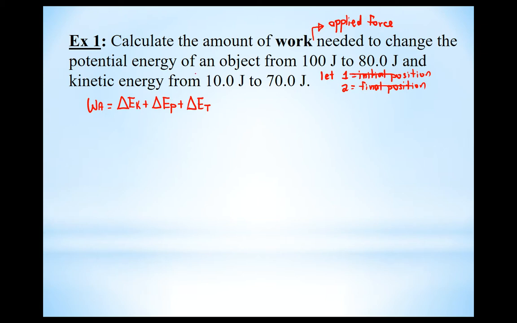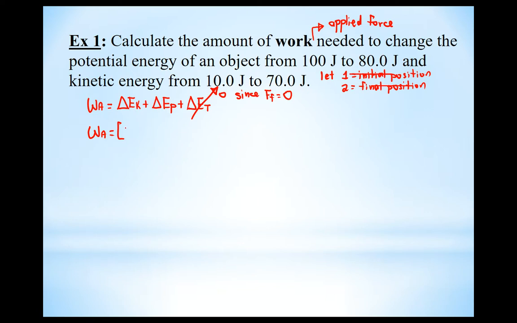Now I can get rid of one of these terms immediately because the problem doesn't tell me anything about friction. So I can say delta ET is equal to 0 since the force of friction is equal to 0. Okay, so now let's expand the rest of the equations. We'd have WA is equal to, now a delta quantity is always your final position minus your initial position.